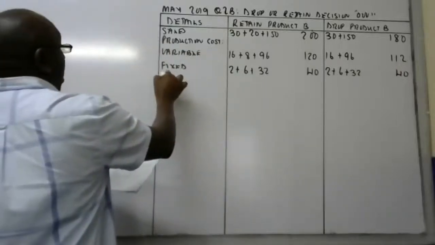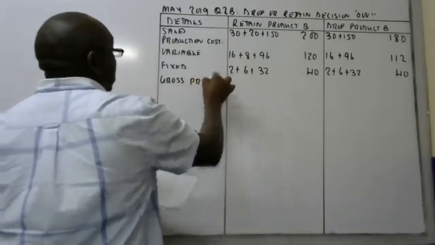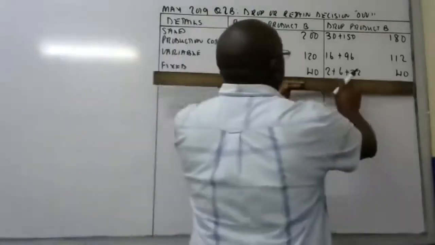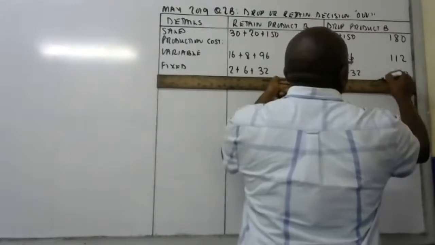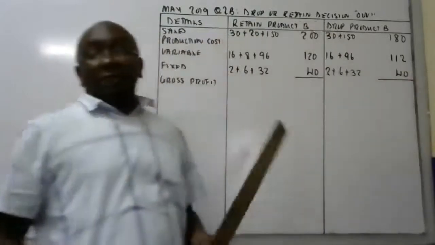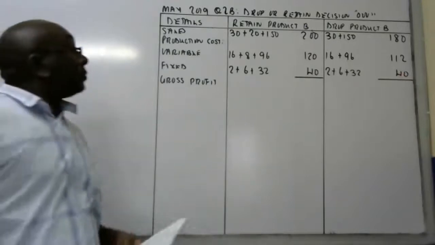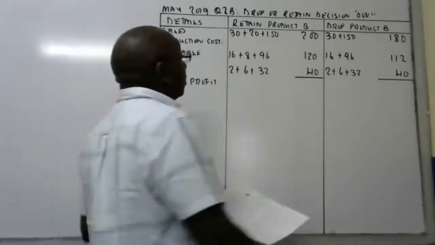So from there, we have gross profit. So give me the gross profit. For the first one, what is the gross profit? $40.